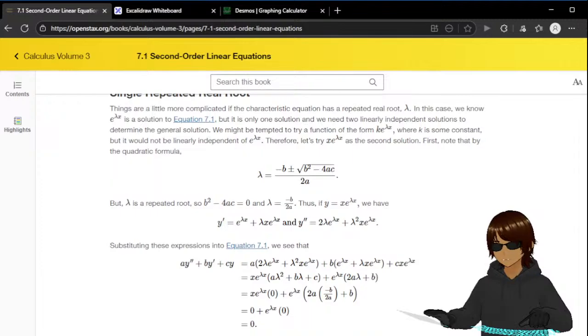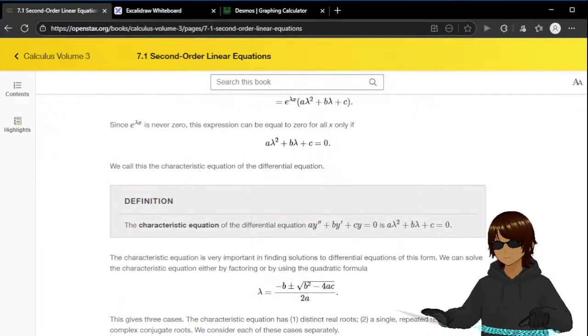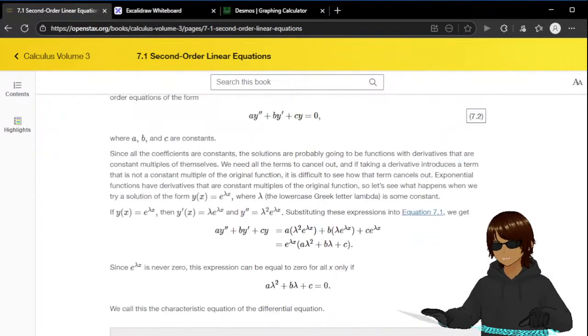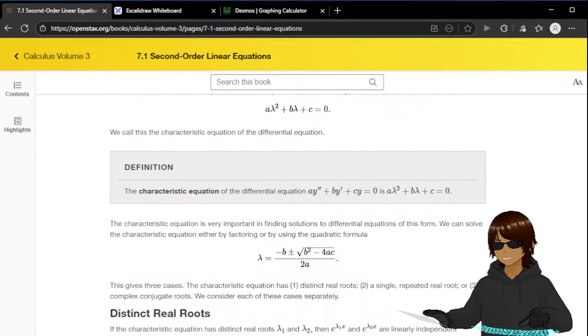the derivative of y. Wait, hold on. Up here, when they said y is equal to e to the power of lambda x, we ended up over here, right? We ended up over here, and this is how we got this, and this is how we got that lambda is equal to this.